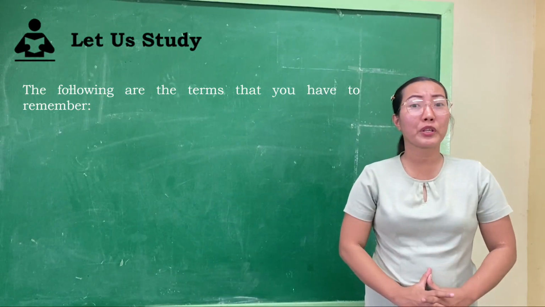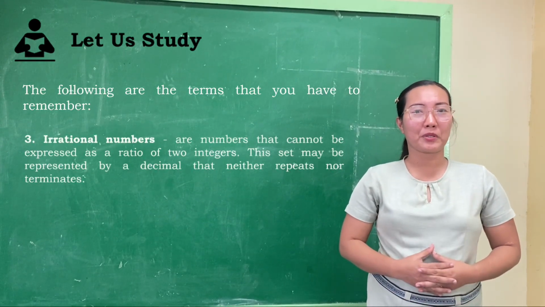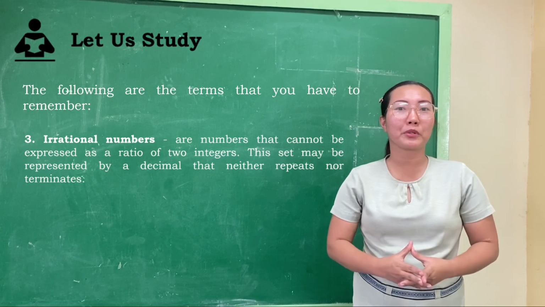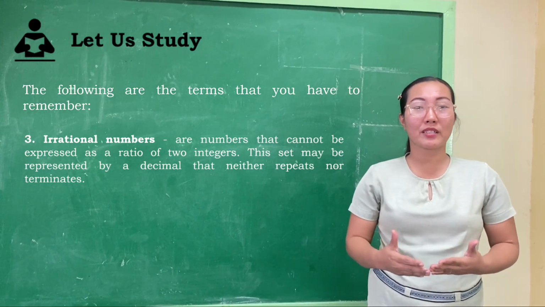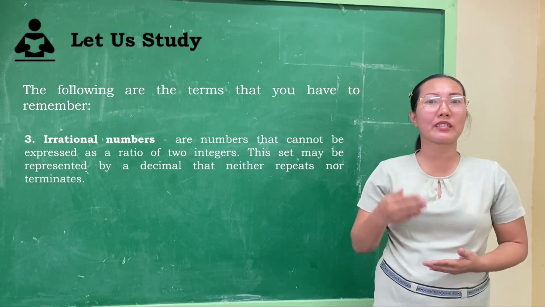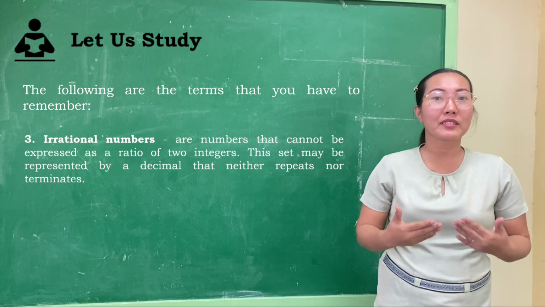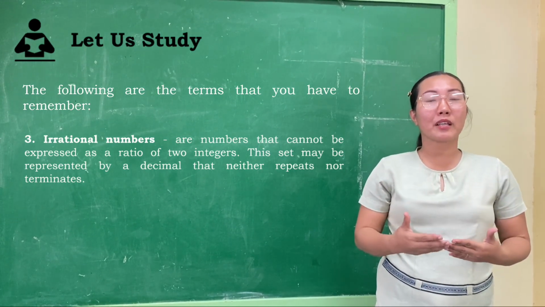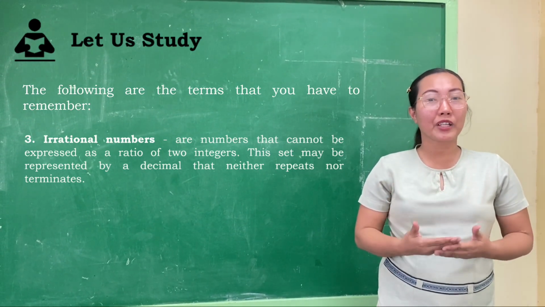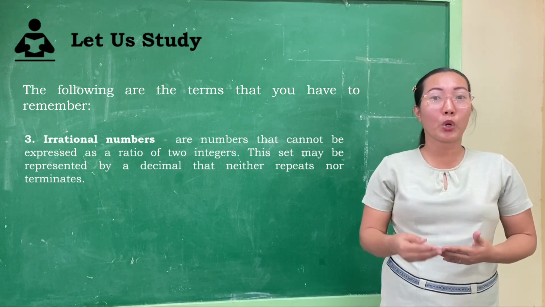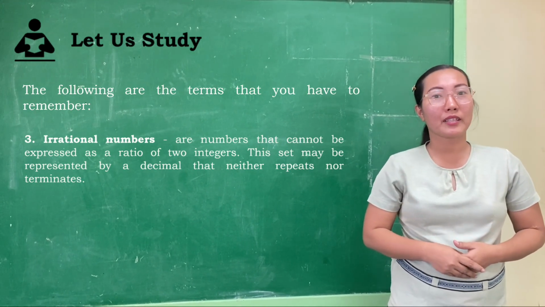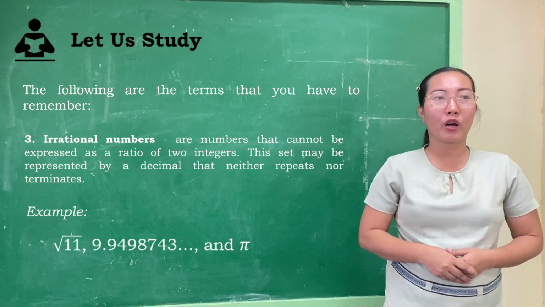On the contrary, we have these irrational numbers. Irrational numbers are numbers that cannot be expressed as a ratio of two integers, a over b. This set may be represented by a decimal that neither repeats nor terminates. Example, we have the square root of 11.